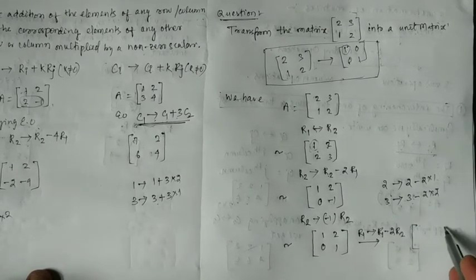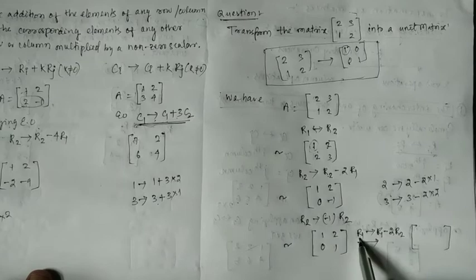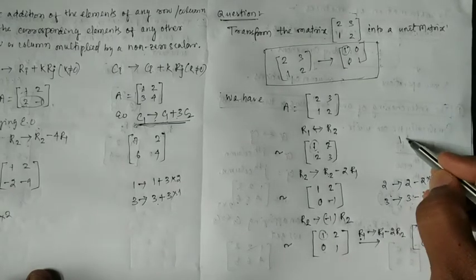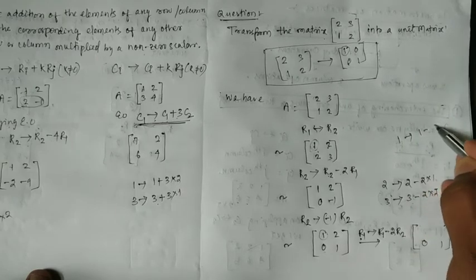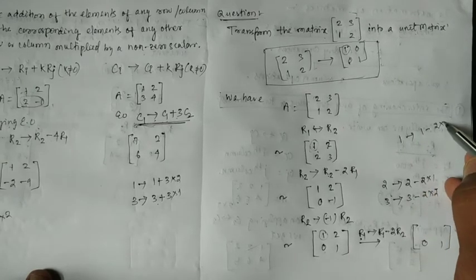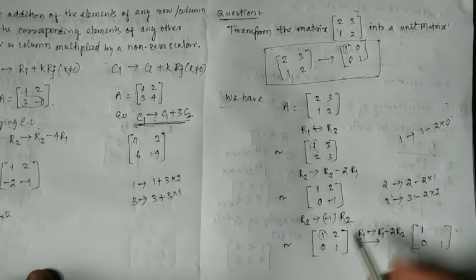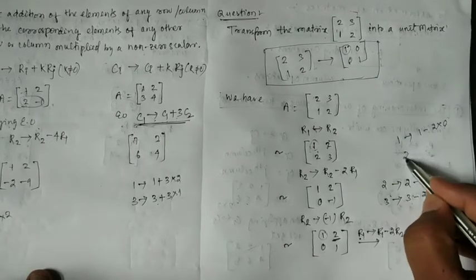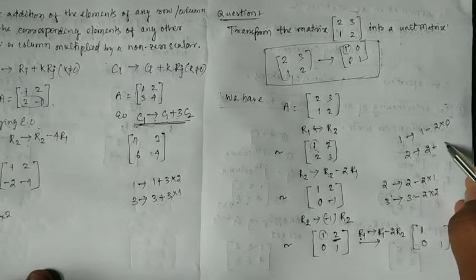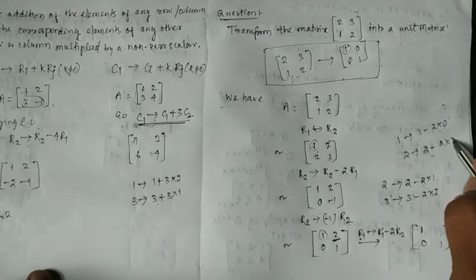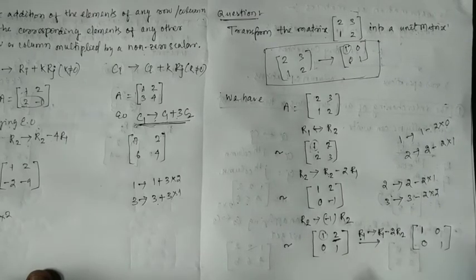Look here, R1 is replaced, so R2 remains the same, so write 0, 1 here, and this 1 is replaced by 1 minus 2 times the corresponding element in R2, that means 0. So here we get 1. Similarly, 2 is replaced by 2 minus 2 times the corresponding element in R2, that means 1. So here 2 minus 2 equal to 0.